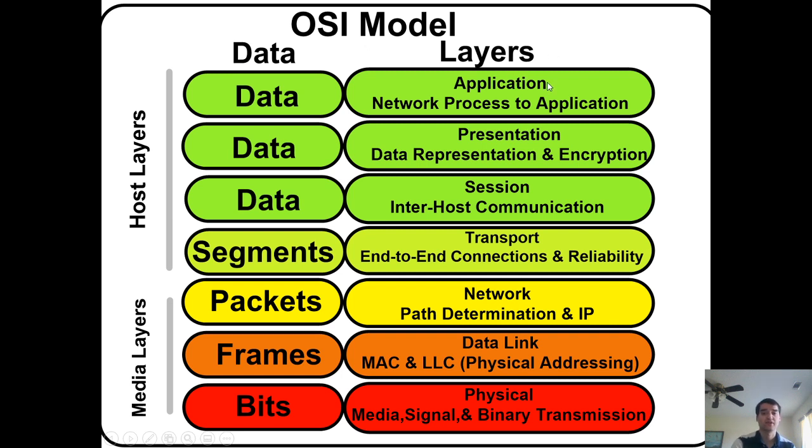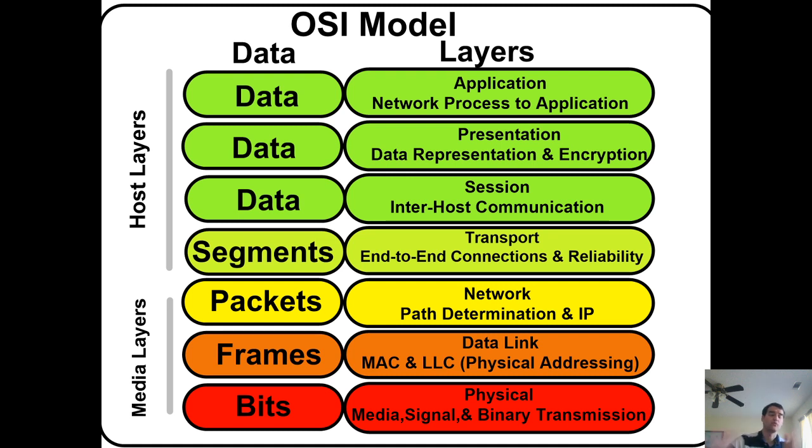So the user uses an application which has the session associated with it, goes down to transport. This is where the data is actually split up to form a single packet, which is happening in the next step, of course. The packet then gets the IP address it's going to and coming from, and then this is going to be done at the router level where it's going to the specific device, and then finally it has the physical layer, and that's where we actually see how the data is being transmitted physically.